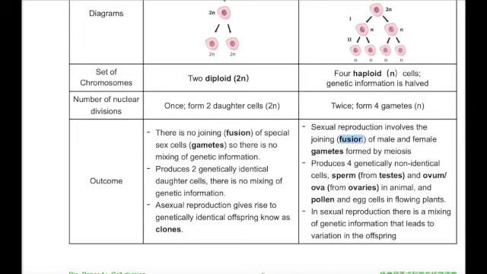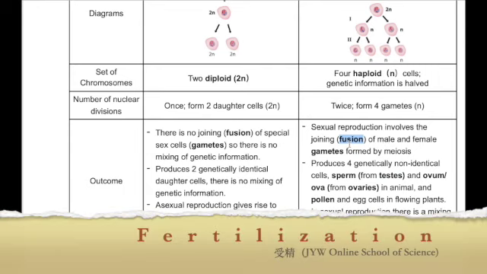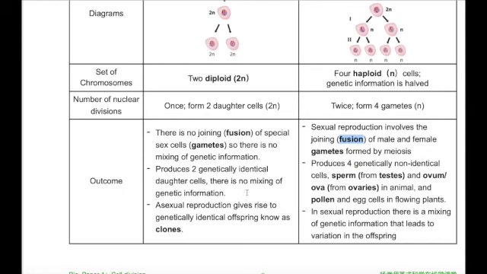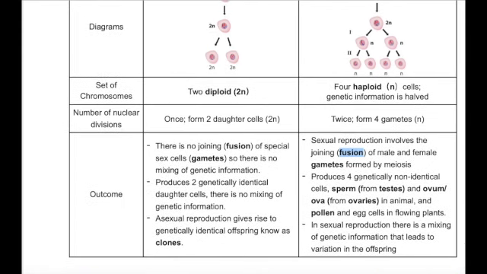That's called fusion. So the fusion of the male and female gametes is fertilization. So the outcome of meiosis is to form gametes which only have half of the genetic information of the parent cell.